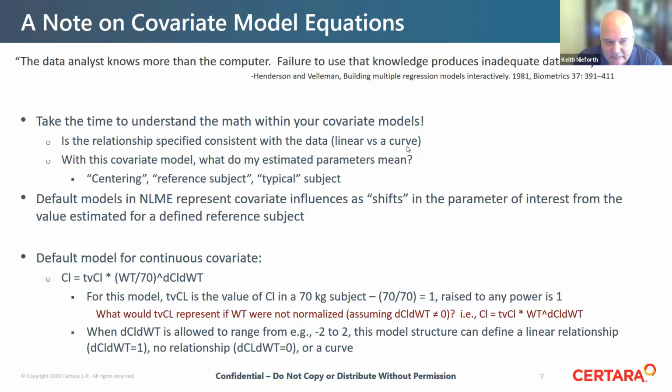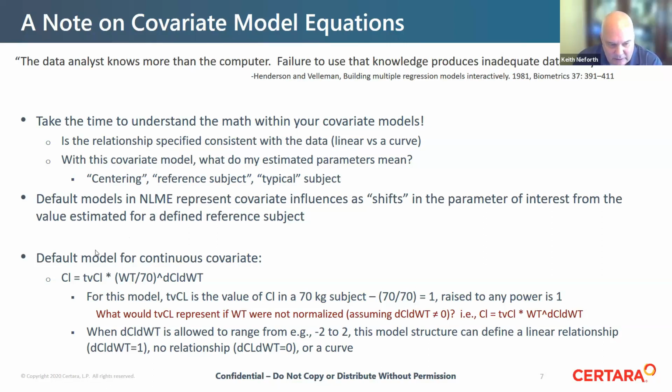Some of them are able to fit a curve, right? With this covariate model, what do my estimated parameters actually mean? Centering, when we center on a value, what does it mean to my parameter estimates? What is this concept of a reference subject? What's a typical subject? With the models that you're applying to determine covariate relationships, you should be very clear what these models are actually doing.